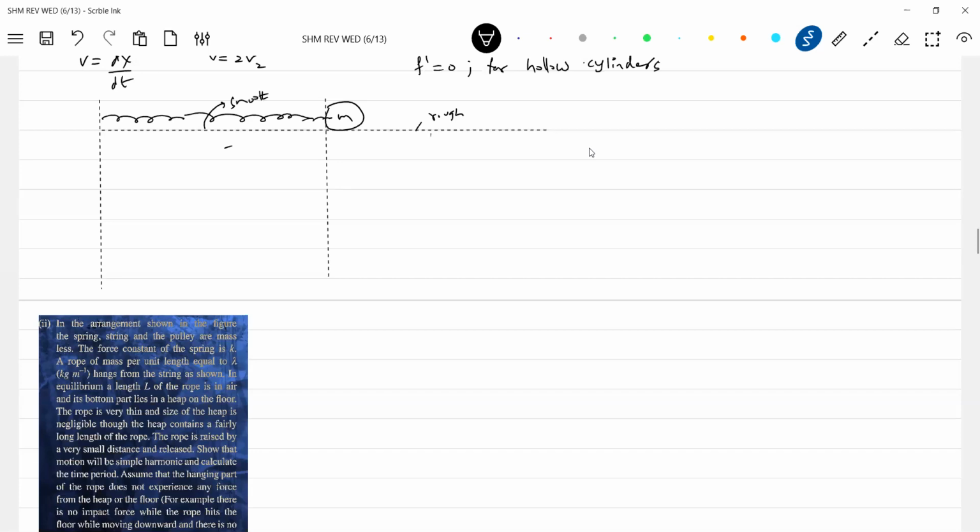Let this be a disk of mass m and radius r. I'll give a velocity V naught to this and release. What will be the time period of oscillation? Initially, the spring is relaxed.